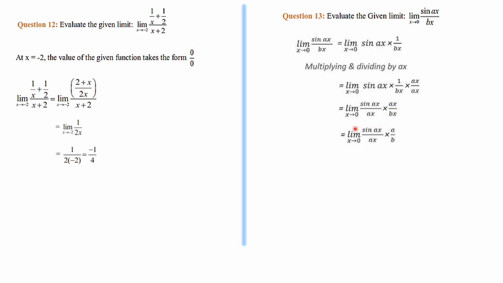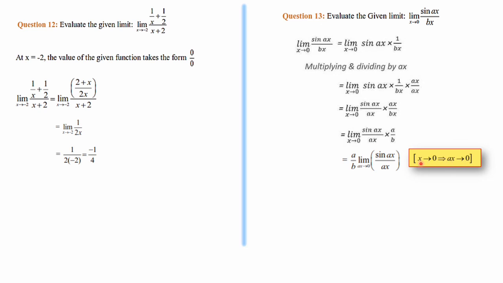Then we will bring this to the front. That is a by b into limit ax tends to 0, sin ax by ax. Because here ax is the angle, we have to change this limit x tends to 0. We know that x tends to 0 means ax also will be tending to 0, because it is a product.